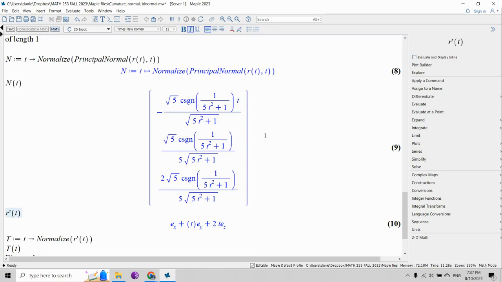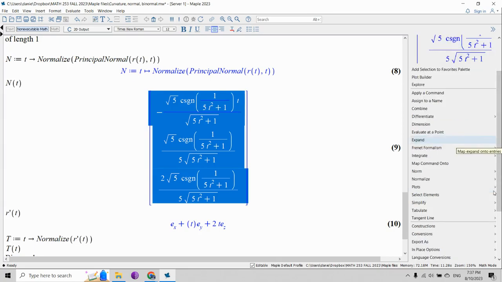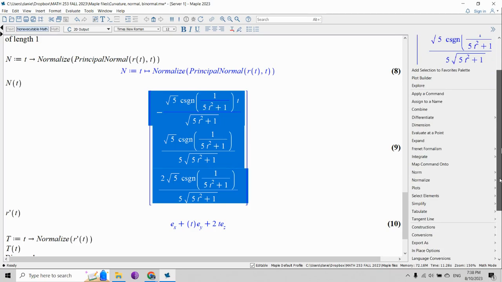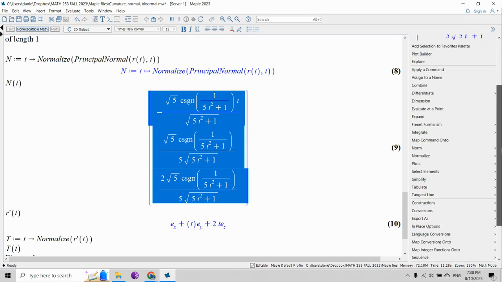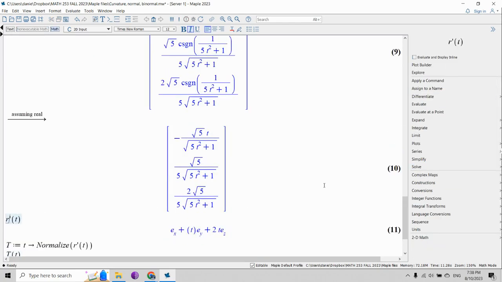It doesn't know the domain for t, so let's tell Maple that this deals with real numbers. Let's see, simplify, assuming real, there you go.